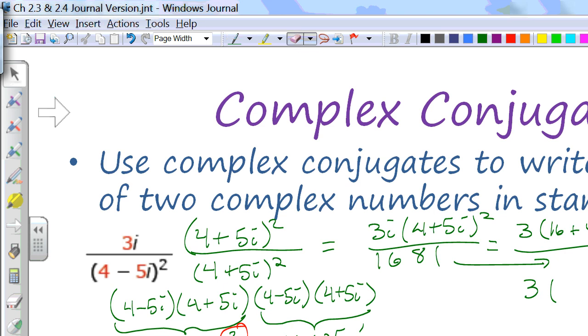Sorry, 16 minus 25 is negative 9. So I have a minus 9 plus 40i. Distribute the 3 in. I'm going to end up with negative 27 plus 120i all over 1681. Isn't that ugly? All right, moving on.